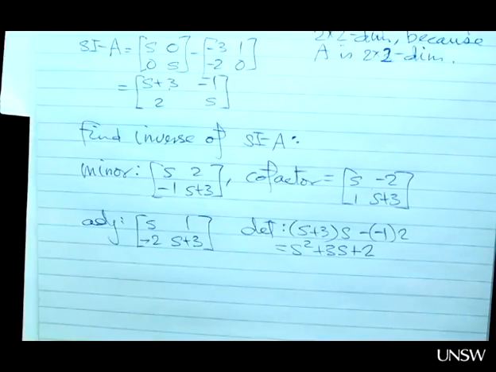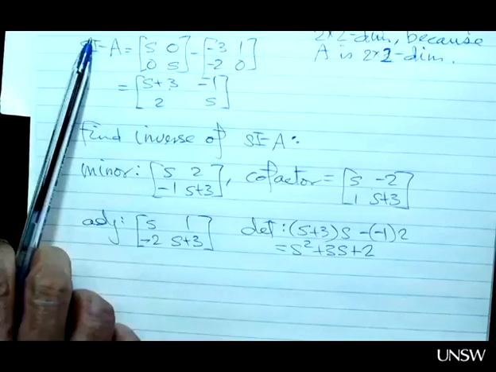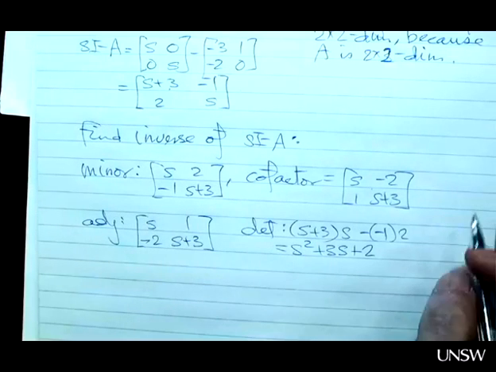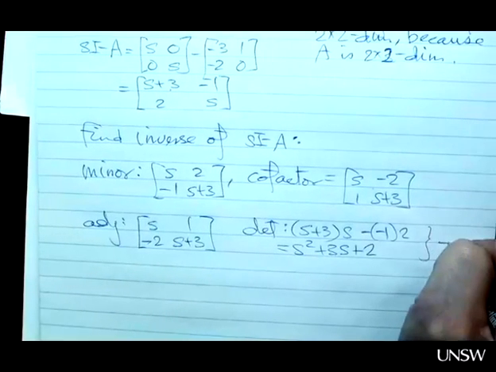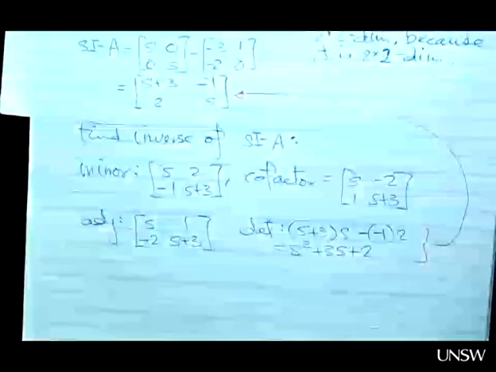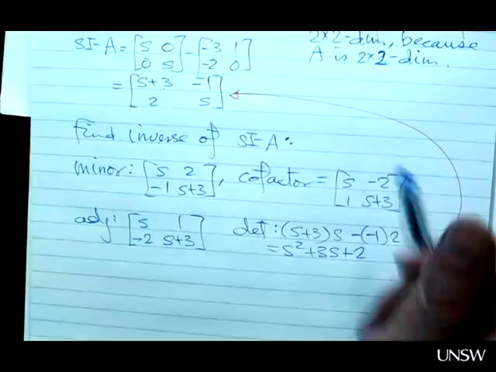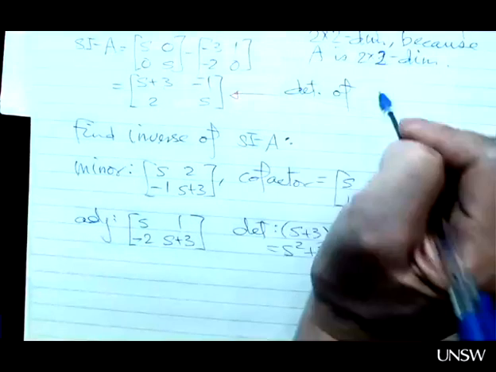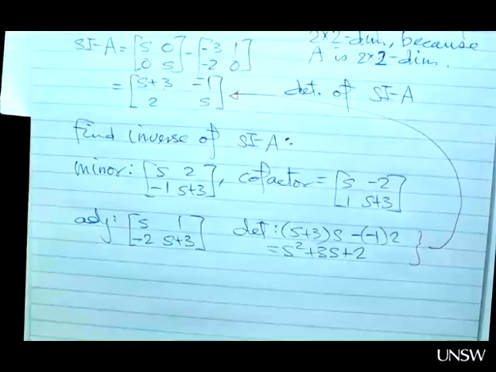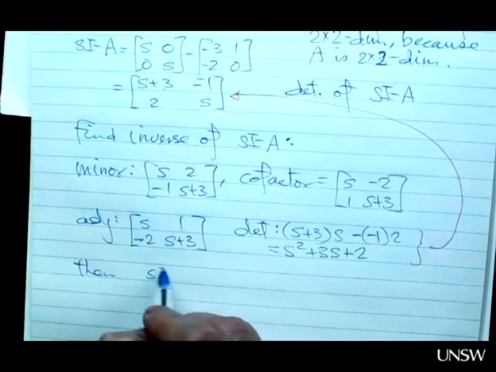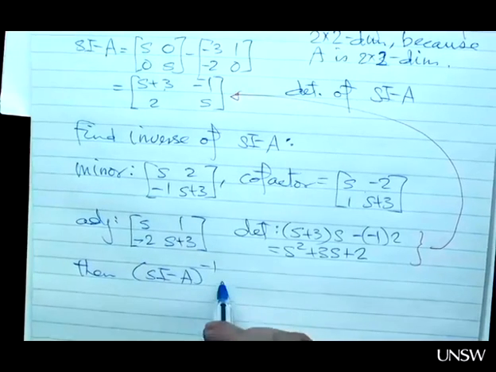This one, we find the determinant of this matrix. The determinant we find from this, the determinant of sI minus A. So we have the inverse, which is the adjoint divided by the determinant.